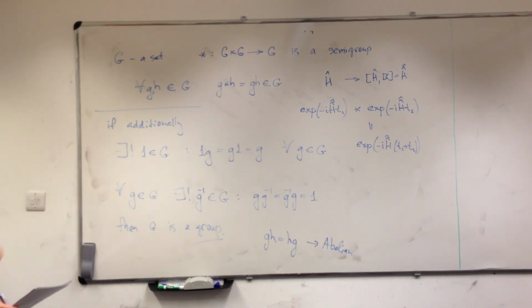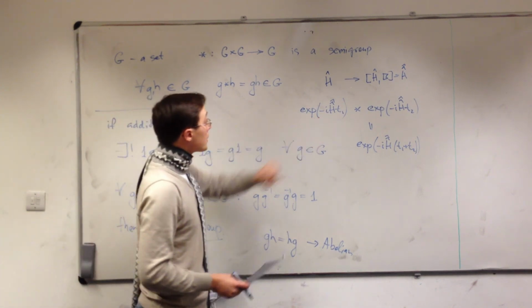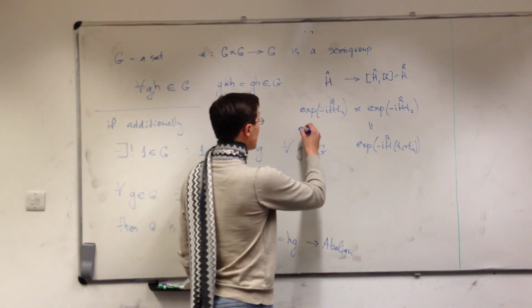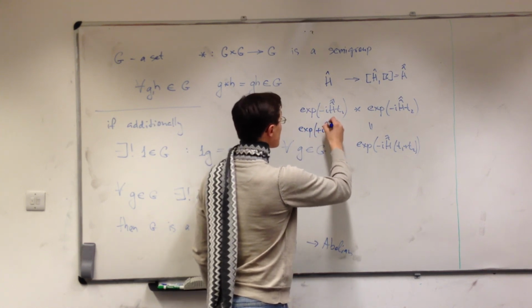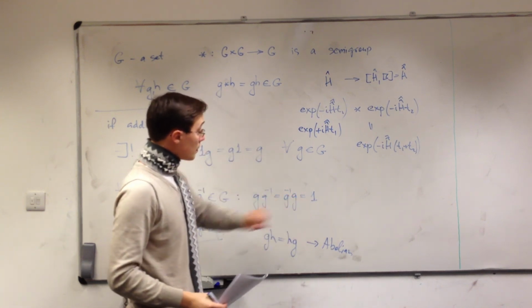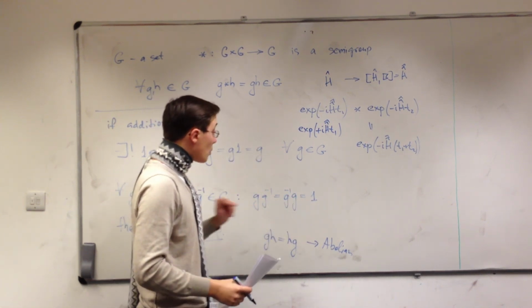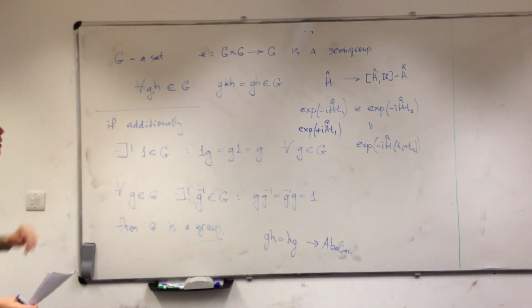The third property, the existence of the unique inverse, well, the inverse of this exponential is quite obviously exp(plus i H t1), and if we multiply the two, we get a unit matrix, and it doesn't matter which order we multiply them in, and so we have all the conditions for a group satisfied.